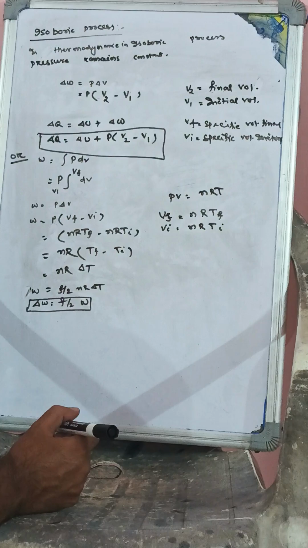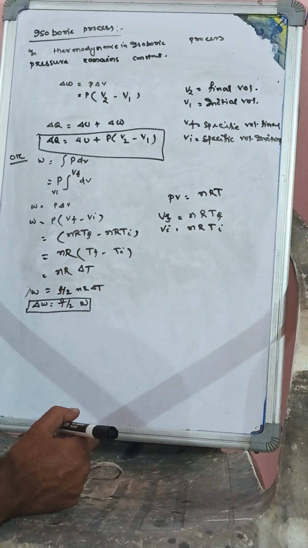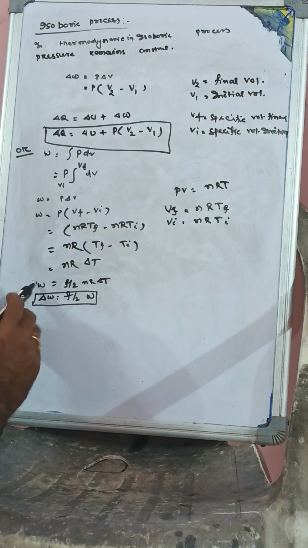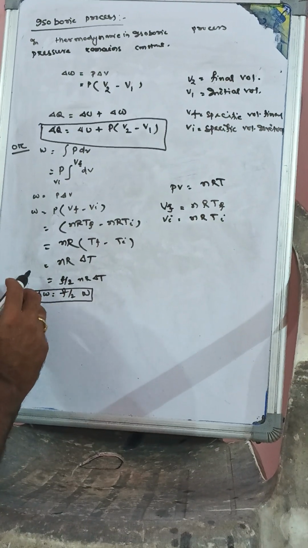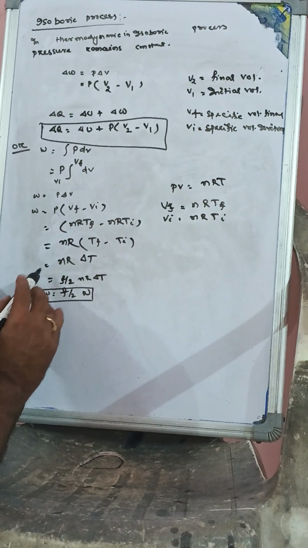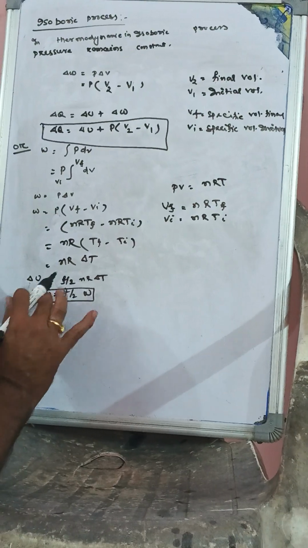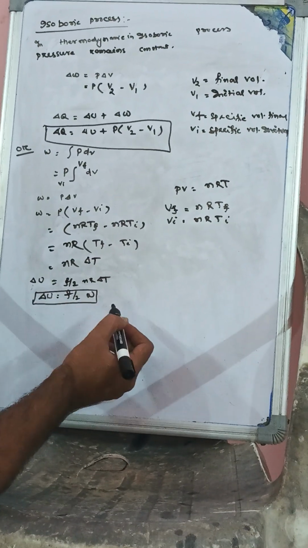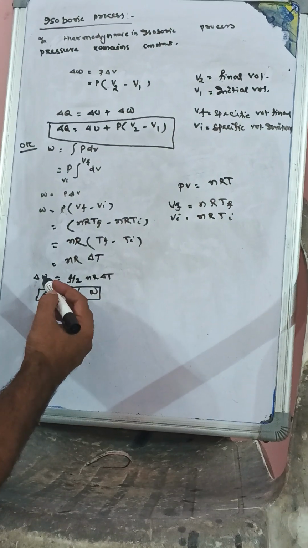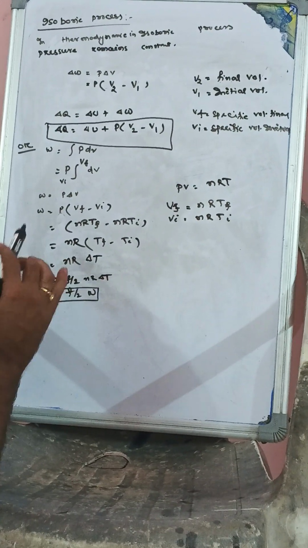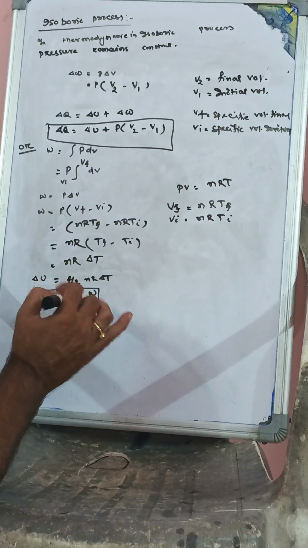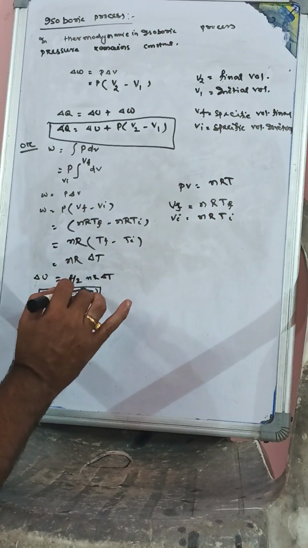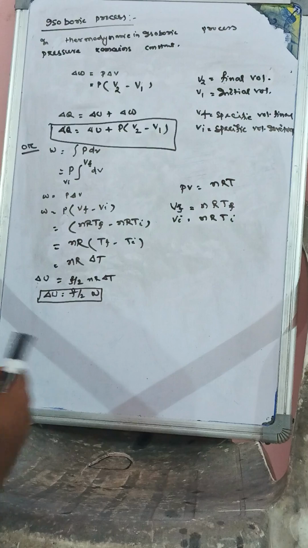Del U is equal to f by 2 into work done. Del U is f by 2 nR del T. Instead of W we write nR del T. Okay, thank you.